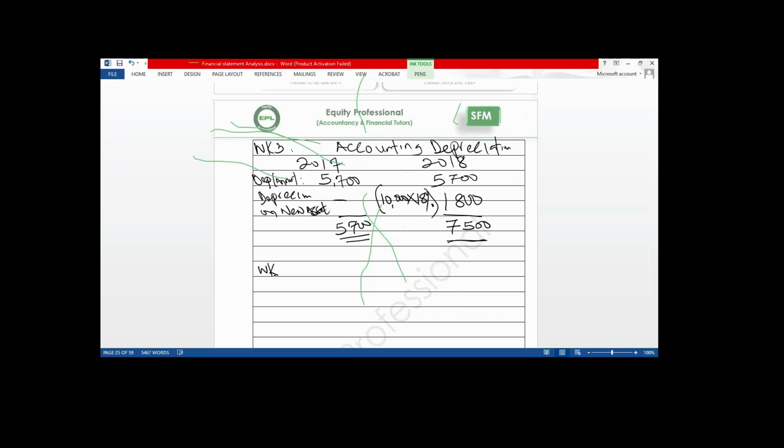It will also affect the balance sheet statement because you are going to compute the net book value of the non-current assets. So you can ask smartly here, working four, non-current assets.